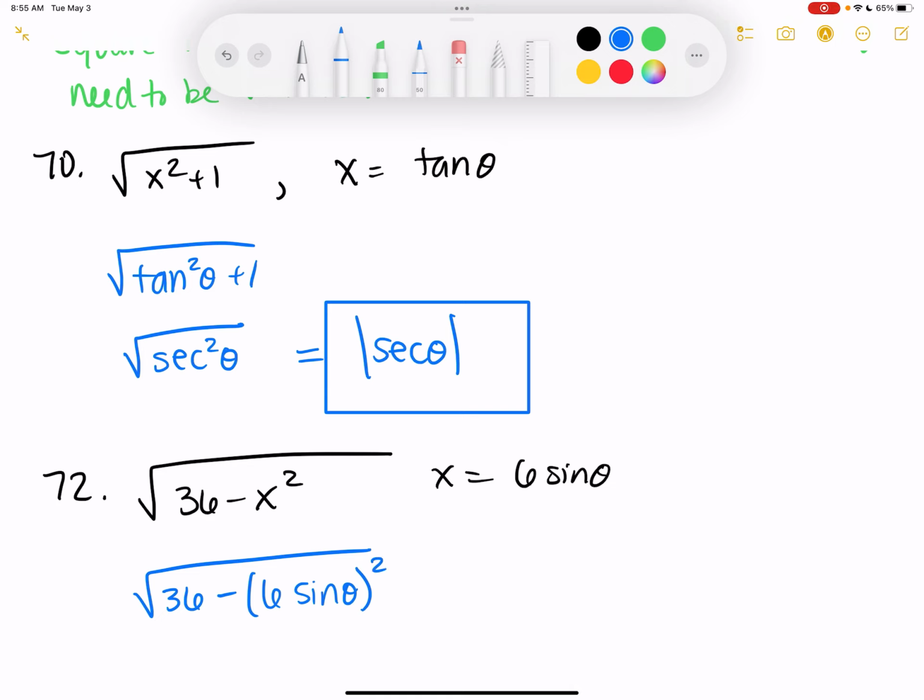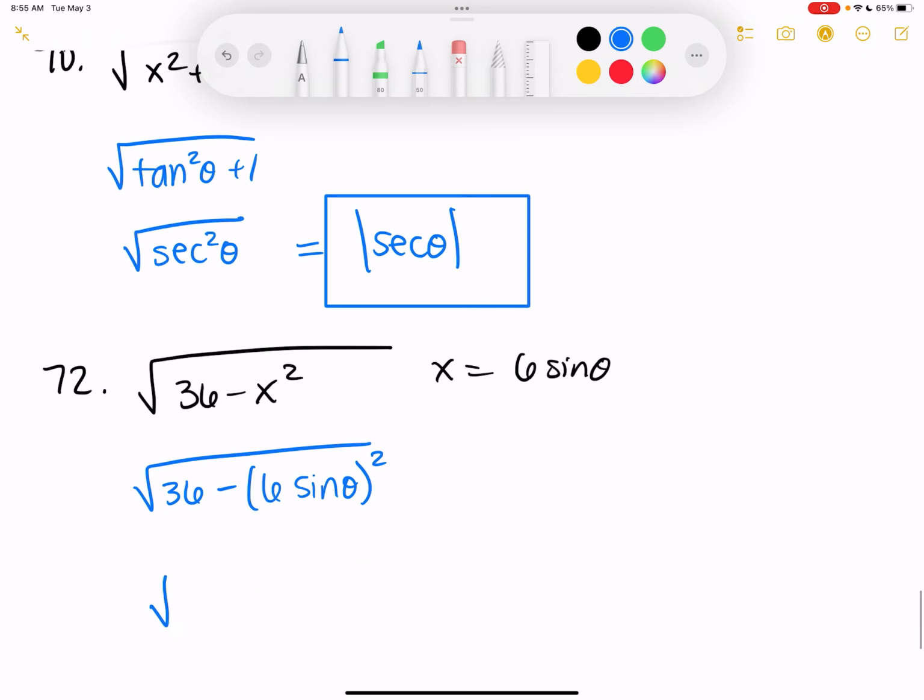One thing to note really quick is that all of x is being squared, so that includes the 6. If you need to write it this way first, you can do that, or you can jump straight to this step that I'm about to write: 36 minus 6 squared is 36, sine squared of theta, that's okay too.